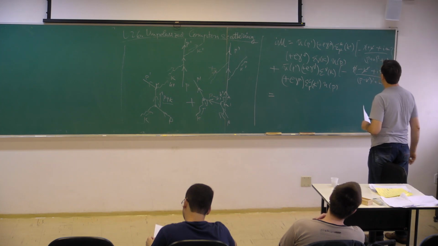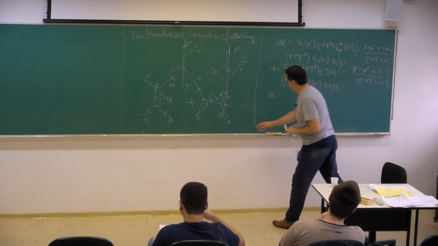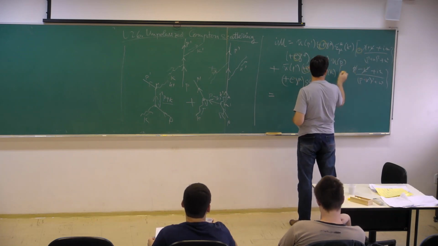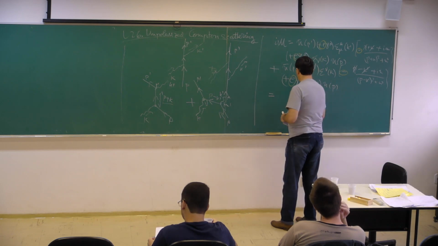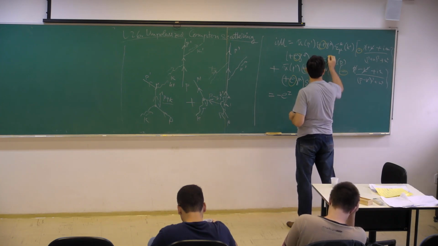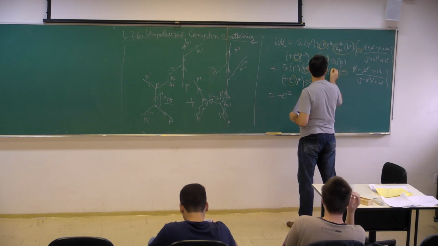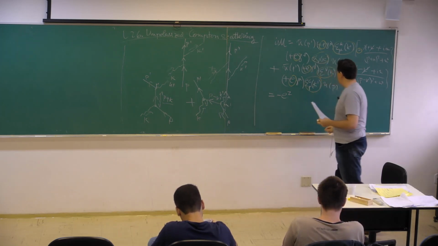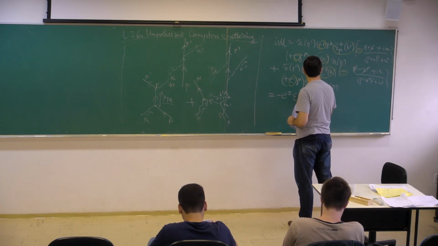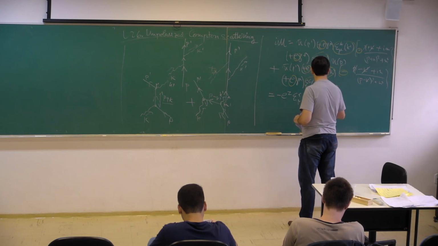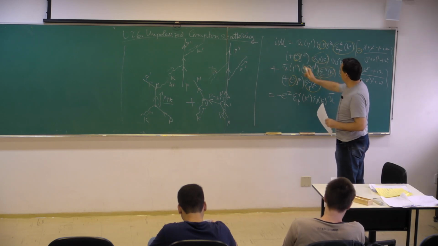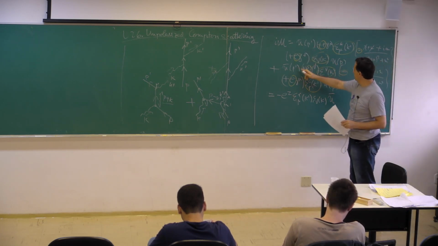All right, so let's take some common factor outside. So minus e squared. And also the epsilons, because that's why we consider them to be the same. Epsilon mu star of k prime, epsilon mu of k. And then also we have u bar of p prime on one side and u of p on the other.